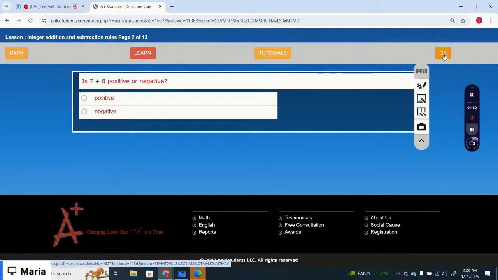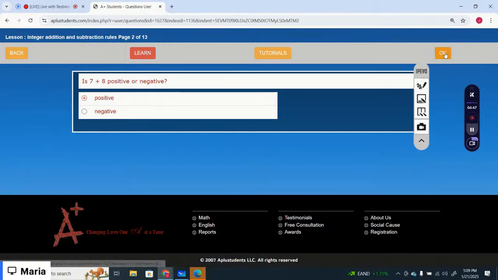Is 7 plus 8 positive or negative? Positive it is, because you are adding two positive numbers.